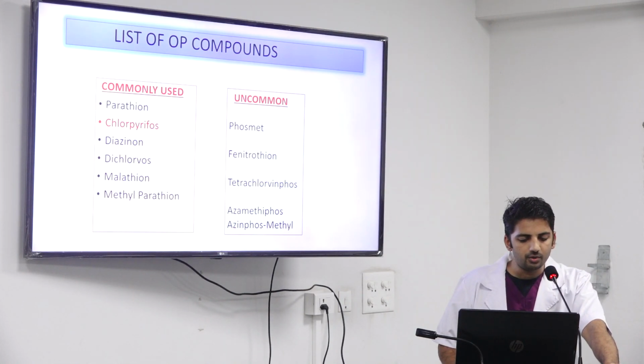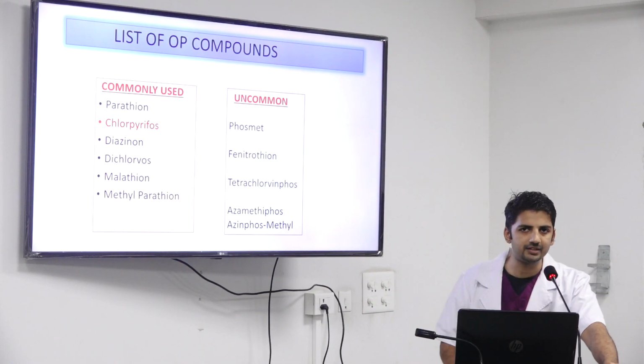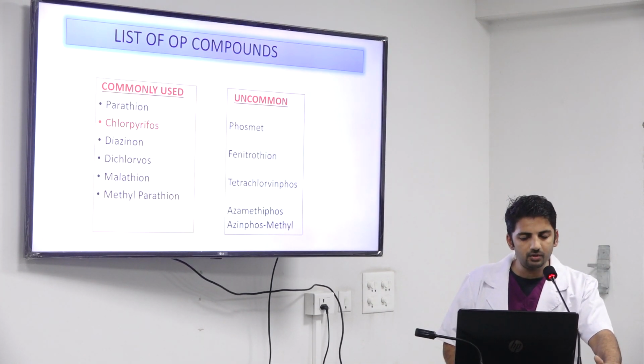So this is a list of commonly used organophosphorus compounds: parathion, chlorpyrifos, diazinon. Here in AIIMS Bhopal, we get cases of chlorpyrifos and parathion on a common basis. Uncommon organophosphorus compounds are phosphate, phenyltriothione and tetrachlorphenphos.